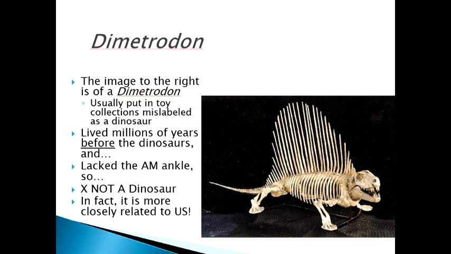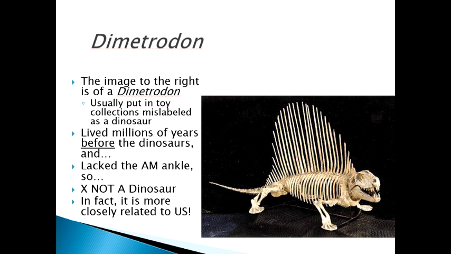Now, here's a group, a specific taxon, that didn't even live at the time of the dinosaurs. It lived many tens of millions of years before dinosaurs, and this is Dimetrodon. A large reptile, a couple meters long, with a very prominent sail on its back. And this thing is actually an ancestor to all mammals.